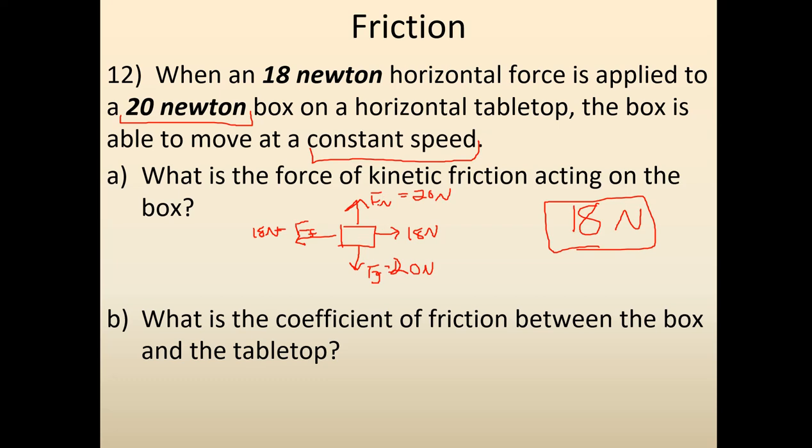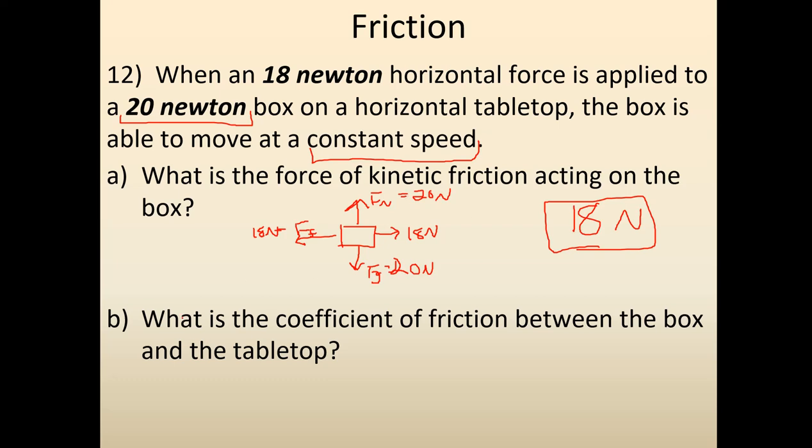Try not to get into the habit of thinking that Fn equals Fg. Fn equals whatever is opposite it. So because Fg is opposite it, then it's equal. But you will see cases where Fn is not opposite Fg. So try not to get into that habit. It's a bad habit that you're going to have to break.